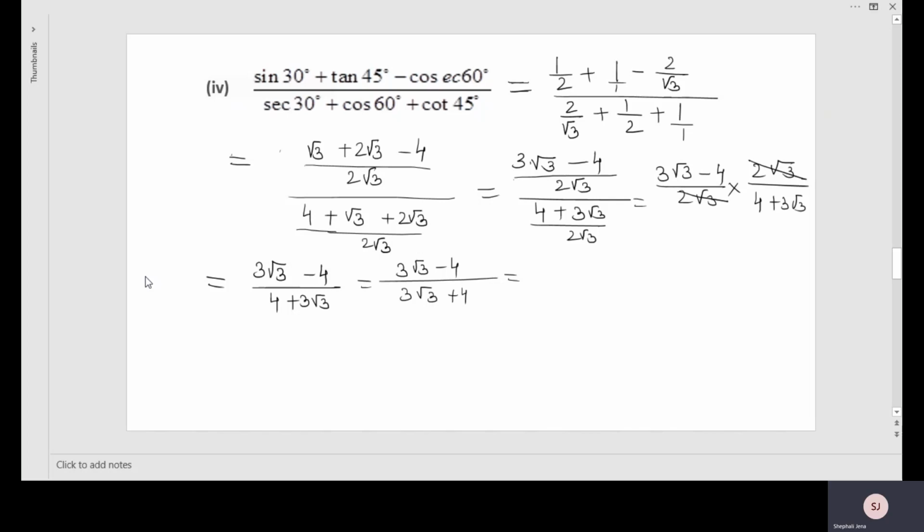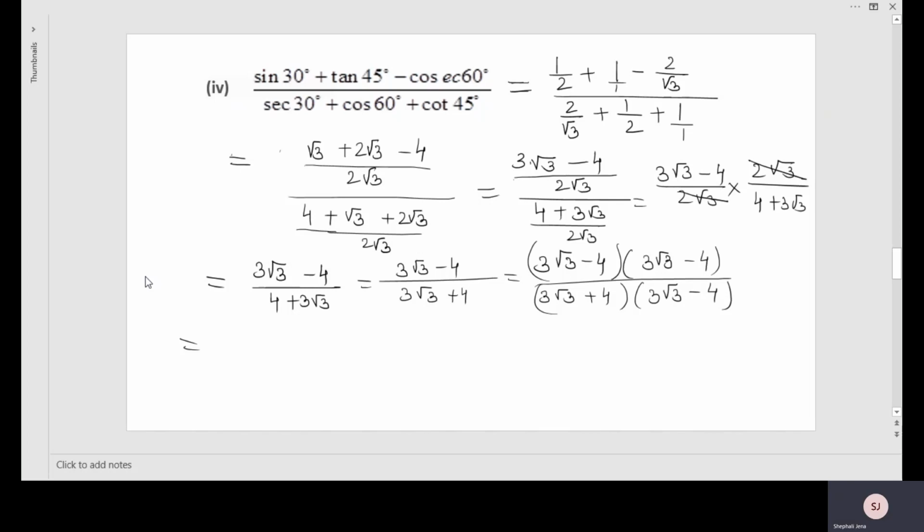If we multiply the denominator, we should multiply the numerator too. So the numerator is 3 root 3 minus 4 into 3 root 3 minus 4, and the denominator is 3 root 3 plus 4 into 3 root 3 minus 4. Now the numerator is in whole square form.